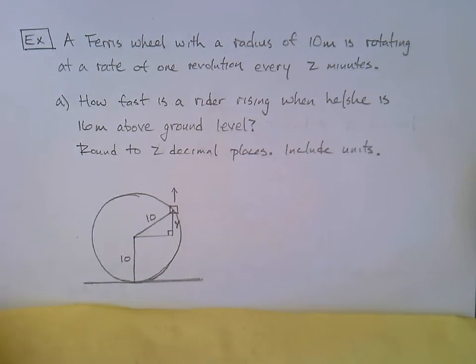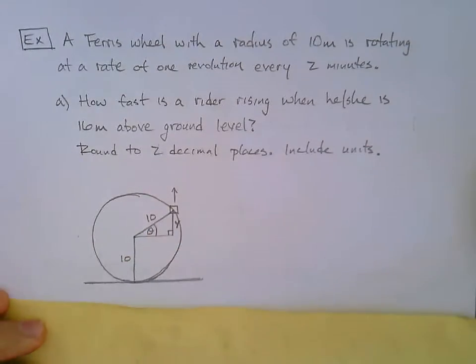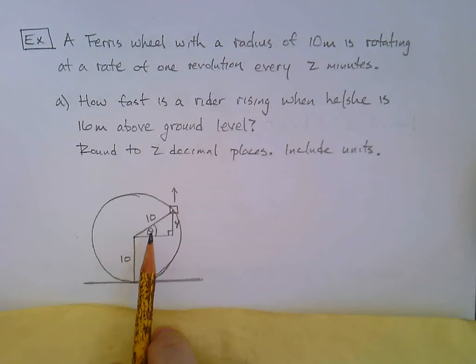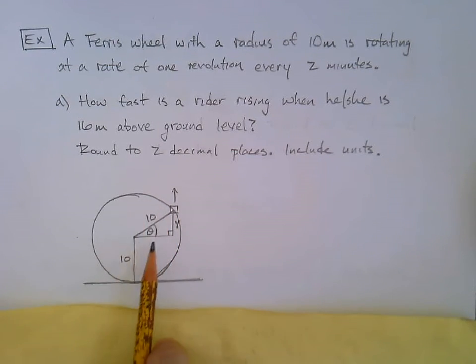We can also label this angle. I'm going to call it theta. So this one's working a little bit differently than the previous problem. If we call that theta, well, isn't theta changing, right? As they rotate, that angle gets bigger.